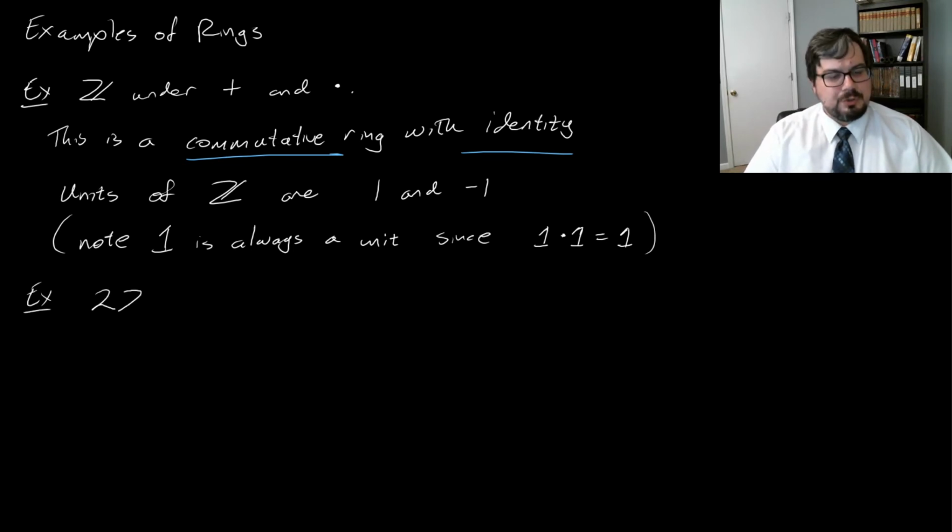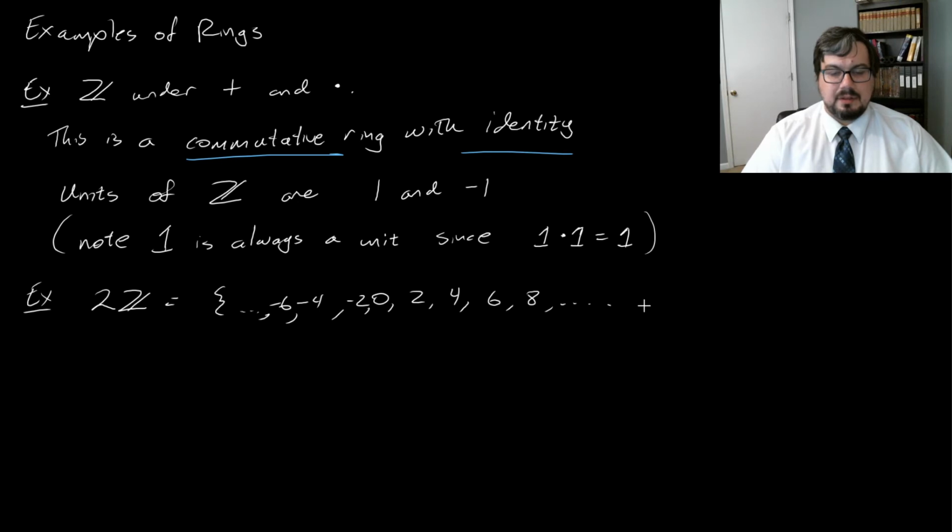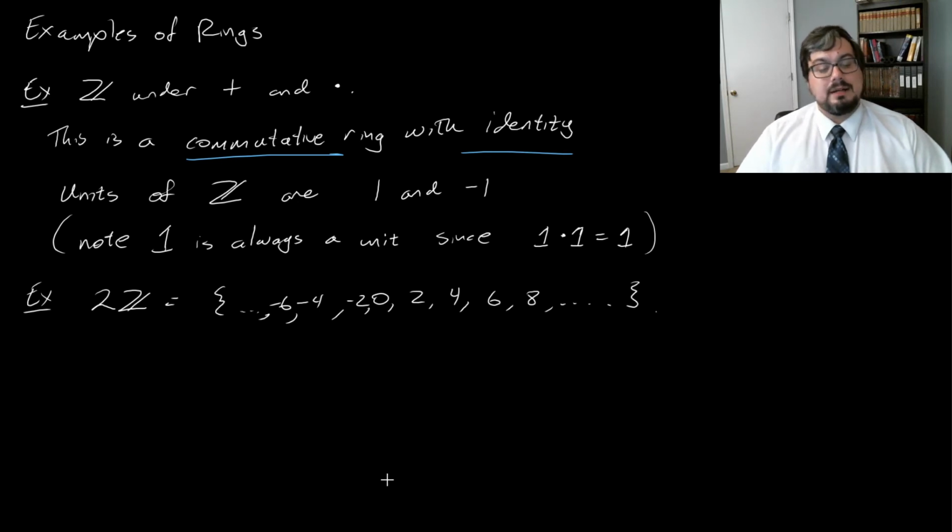Let's look at 2Z, which is the set of even integers. So 0, 2, 4, 6, 8, etc., and -2, -4, -6. Let's check and see whether this is a ring. First of all, we need to check whether this is a group under addition. Well, it's certainly closed under addition.